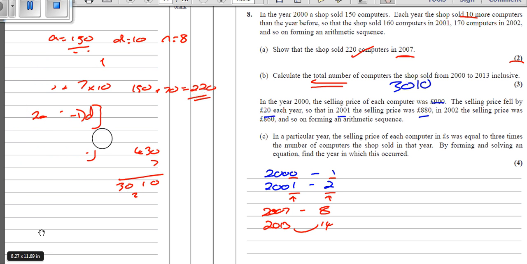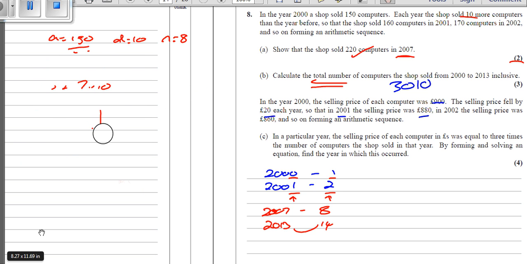Okay, so let's do that. Let's read through that last bit carefully. The selling price of each computer in pounds. And that is in a particular year, so it doesn't tell you what year, but you've got to find that year.